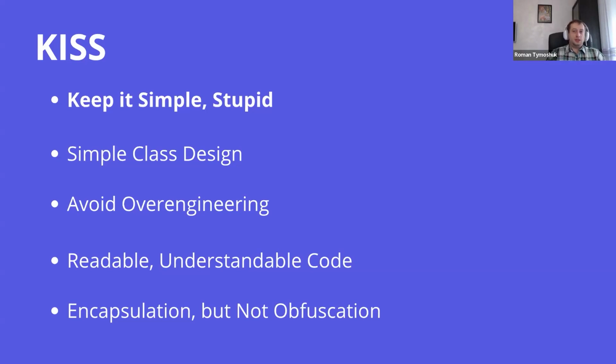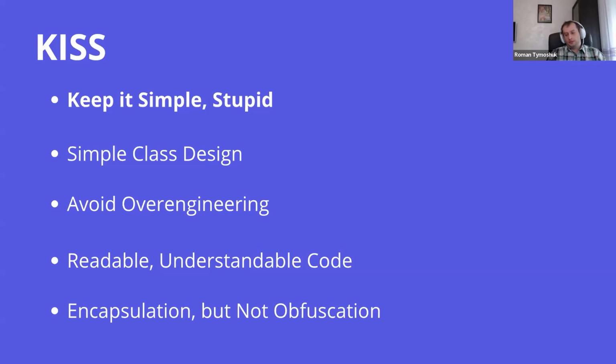Implement it as simple as possible. And then if there is a need, extend it. So it should be simple. It should be readable. It should be understandable. So your class structure, your set of methods, fields, and interactions with other entities should be clear and understandable. Do not overcomplicate the logic.